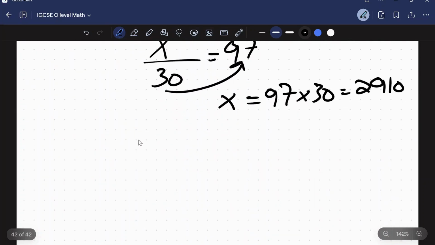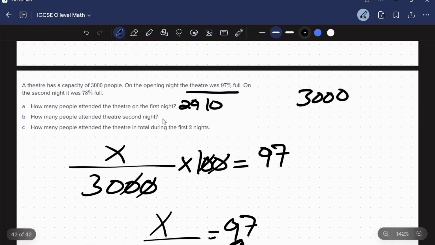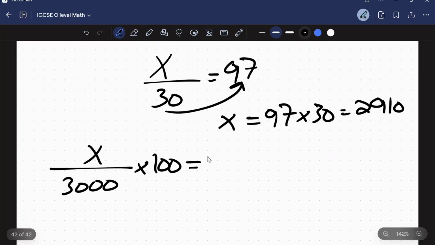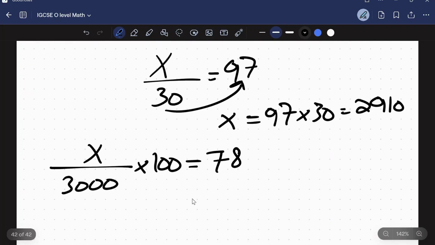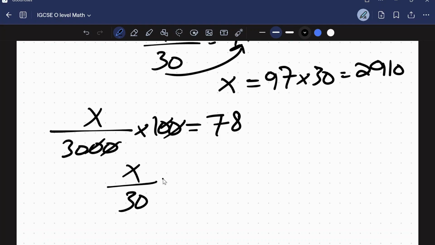Now in part B, they're asking how many people attended the theater on the second night. We can use the same approach. We don't know how many people attended. We do know the full capacity, which is 3000, times 100 to convert it into a percentage, and we know the percentage, which is 78% full. Again, we can cancel these two zeros. Then x over 30 equals 78, and we can make x the subject by taking 30 to the other side, where it will be in multiplication.